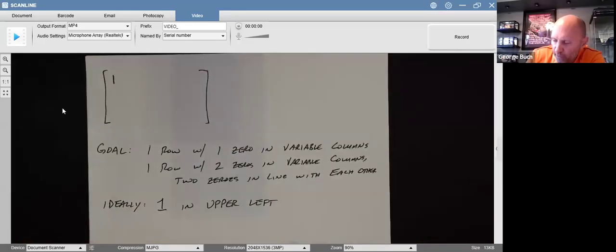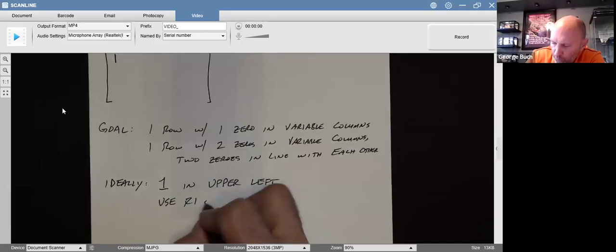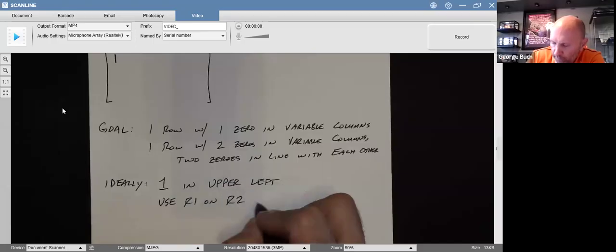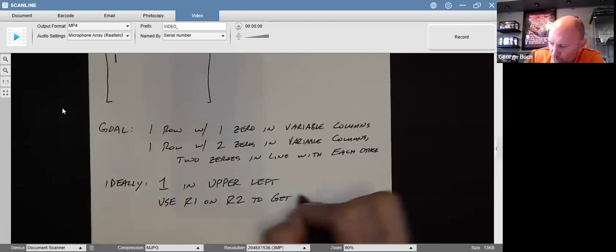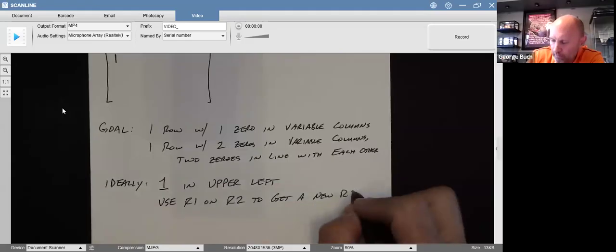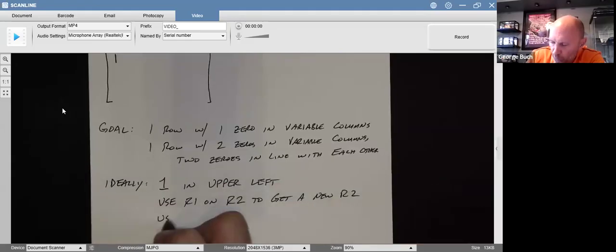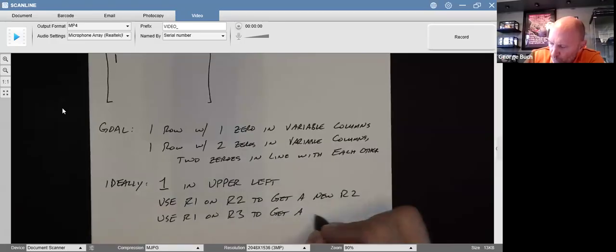And then once I do that, I'm going to do the following 3 steps. I'm going to use row 1 on row 2 to get a new row 2. Use row 1 on row 3 to get a new row 3.